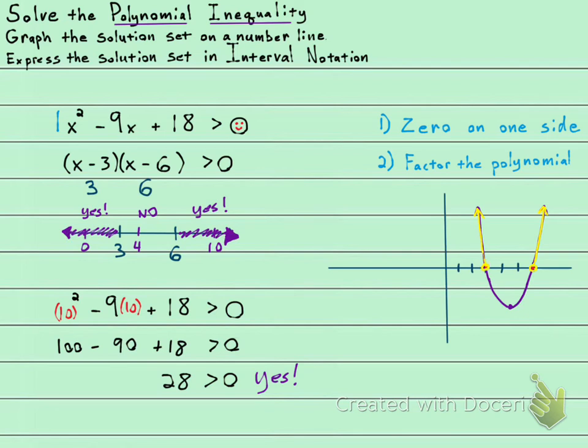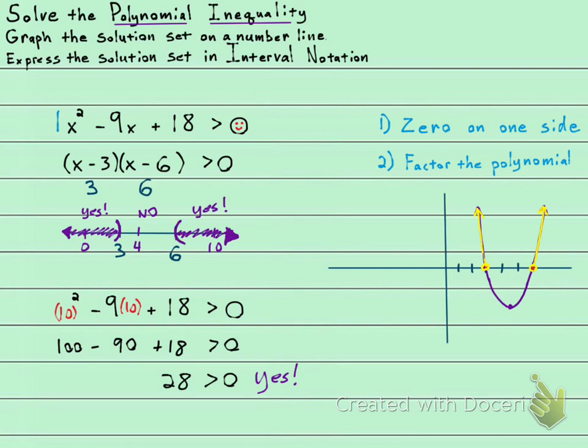All right, same thing with 6. And you can tell from our inequality right here, that's your hint that we're going to use parentheses and not brackets. If it had a line underneath, then I'd use brackets. So I need a parenthesis on my graph right here, and I need a parenthesis on my graph right here.